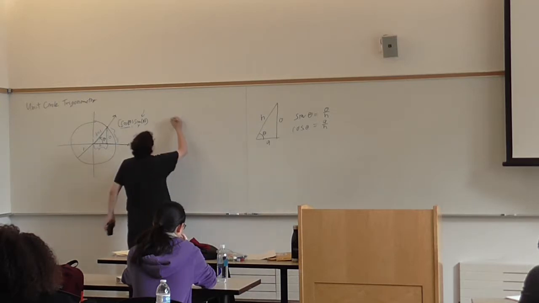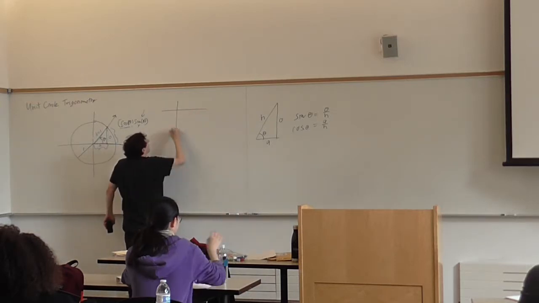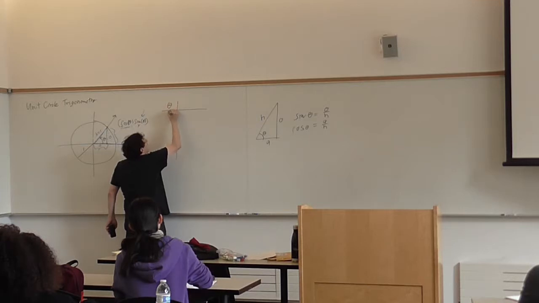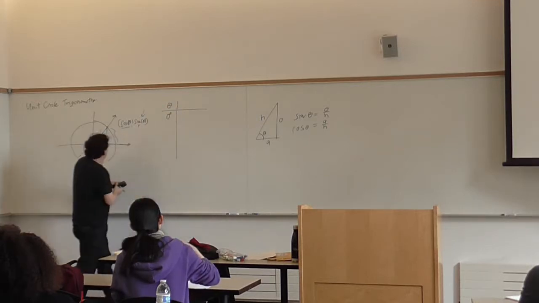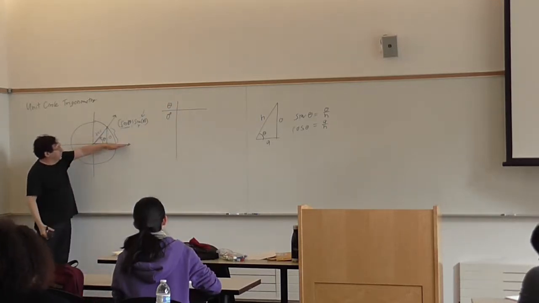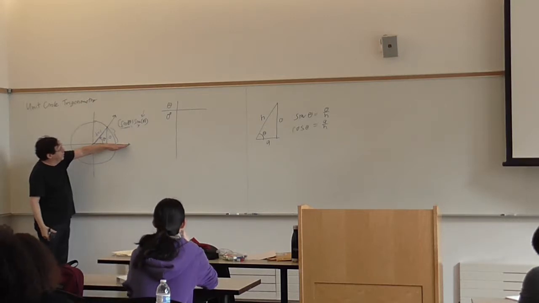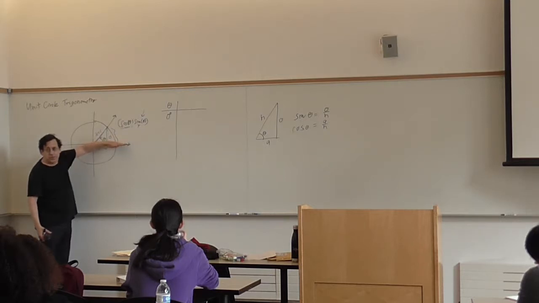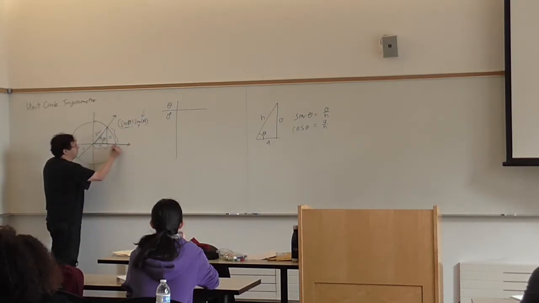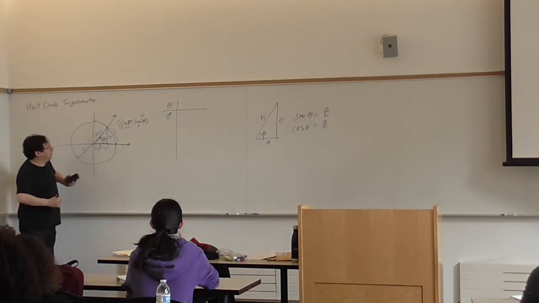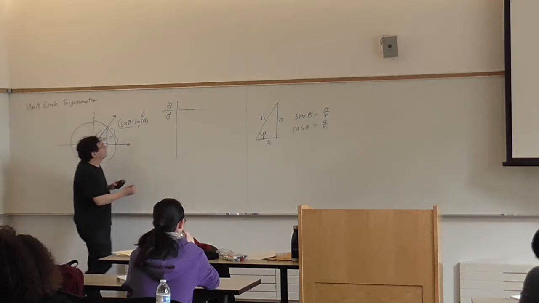We look here at an angle of 0 degrees. That's an angle where we have a starting ray and the finishing ray is in the same place. It's this point here.